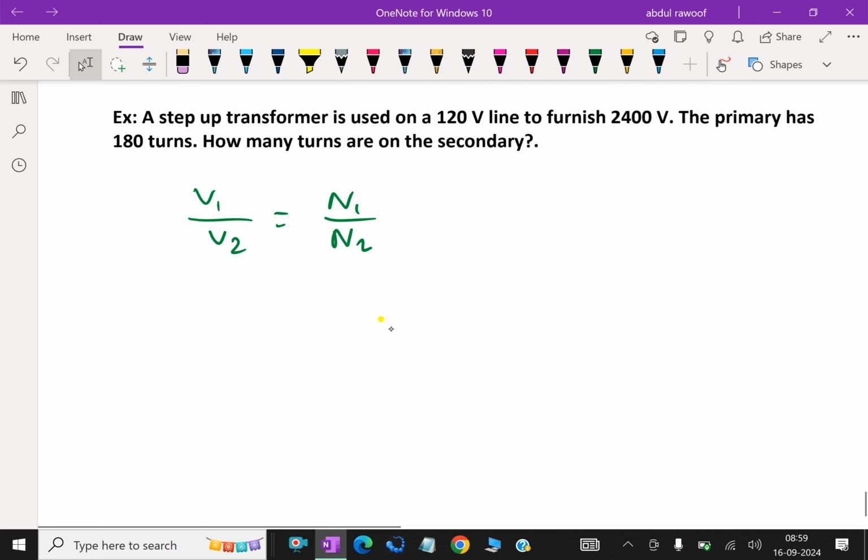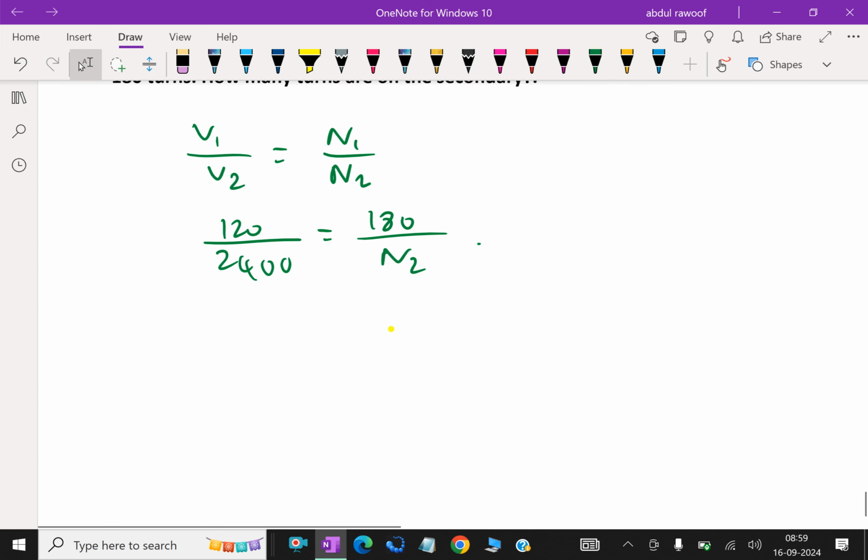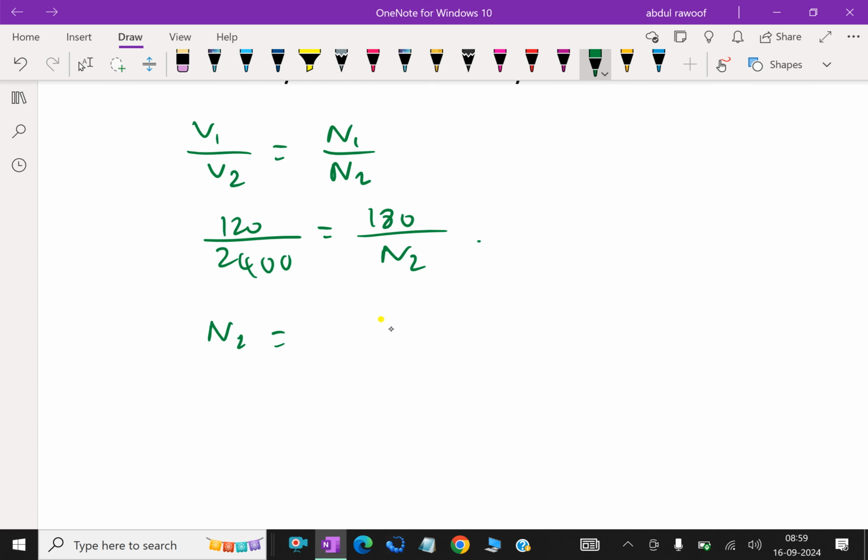Applying the values, primary voltage is 120 and secondary voltage is 2400, which equals 180 turns in the primary over N2. By cross multiplying, we get N2 equal to 180 into 2400 over 120, which is equal to 3600 turns.